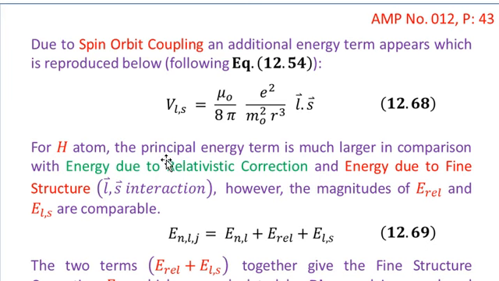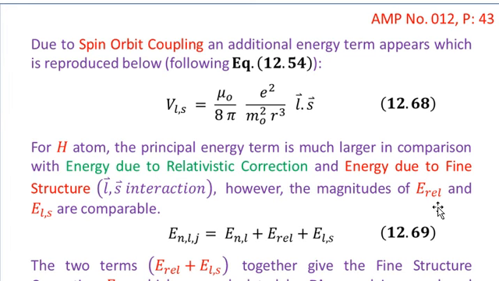For hydrogen atom, the principal energy term is much larger in comparison with the energy due to relativistic correction and the energy due to fine structure, that is the energy due to the LS interaction as shown in equation number 68. However, the magnitude of E_REL, where REL stands for relativistic correction, that is the energy correction due to relativistic effects, and E_LS, that is the energy due to spin orbit coupling, are comparable.